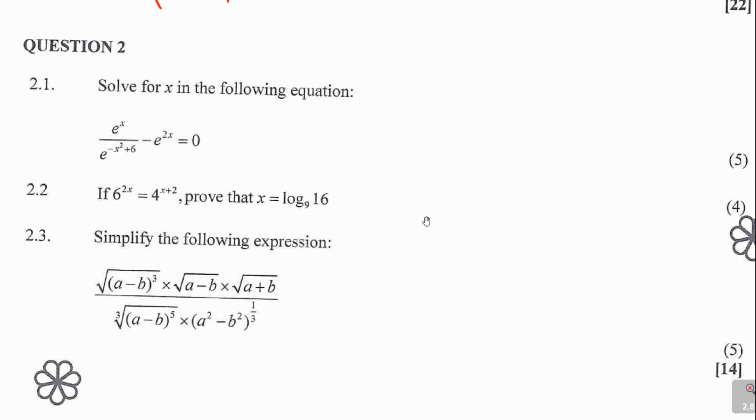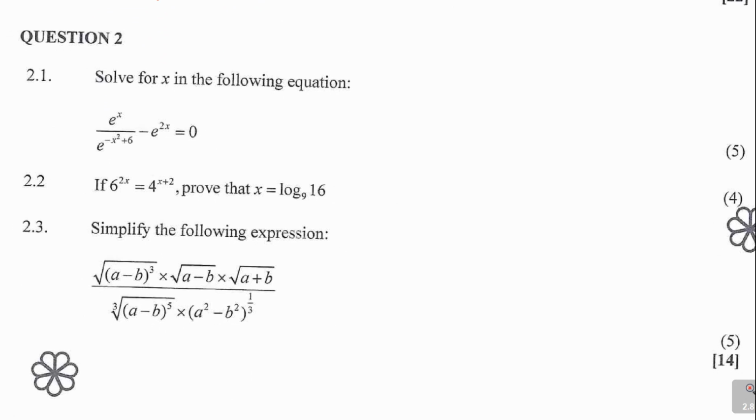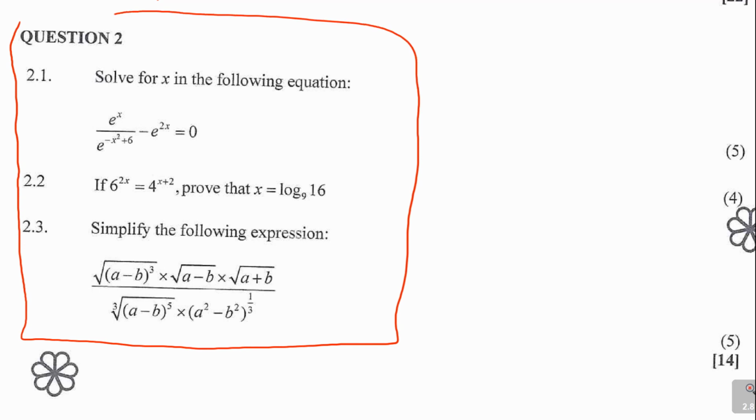Now question 2 to me was the challenging question. You see here, I will say NB. Why am I saying NB? They were bringing something simpler, but really not simpler. You see here, they brought e to the power x and e to the power minus x. So what I just did here on my side, just to show you quickly, is 5 marks.